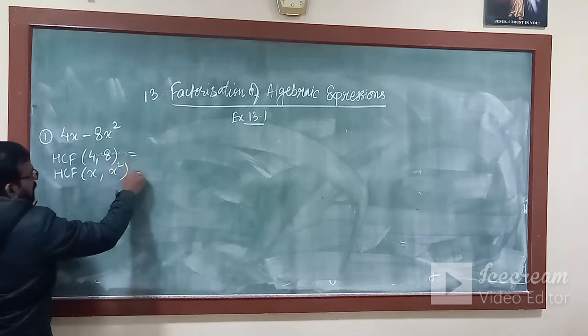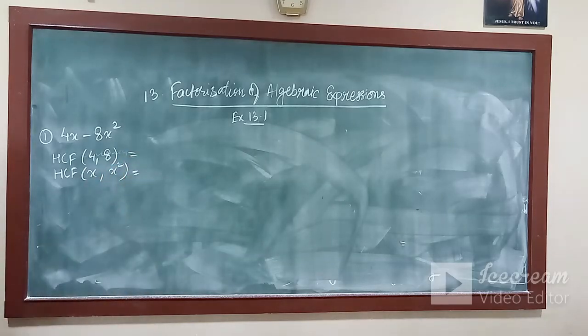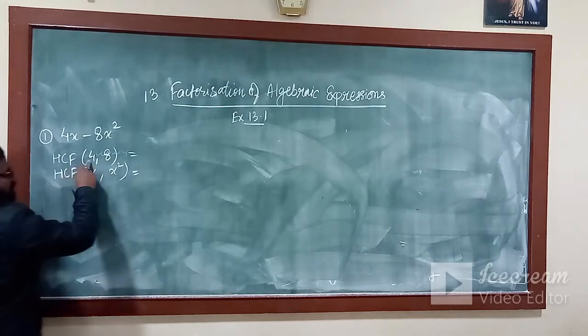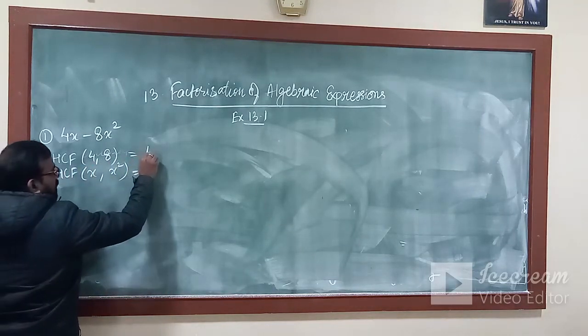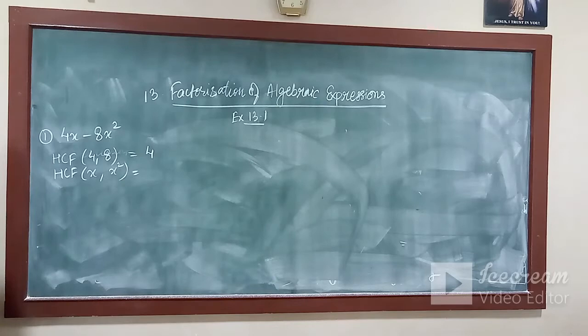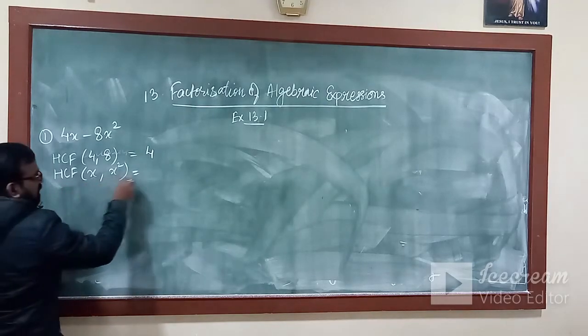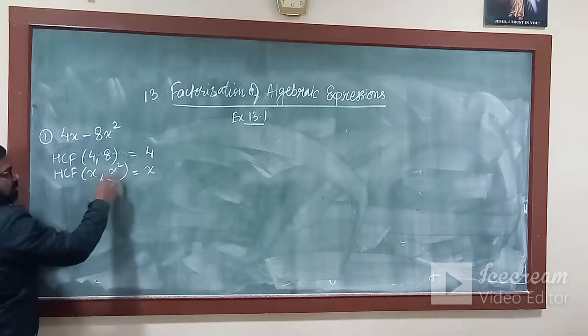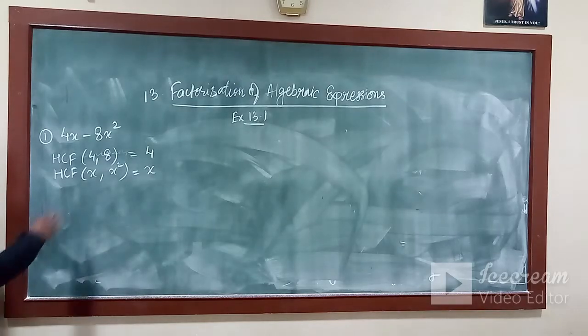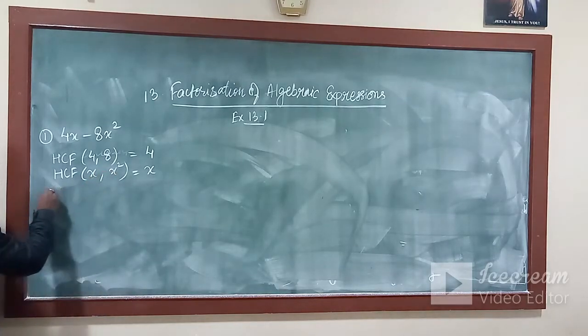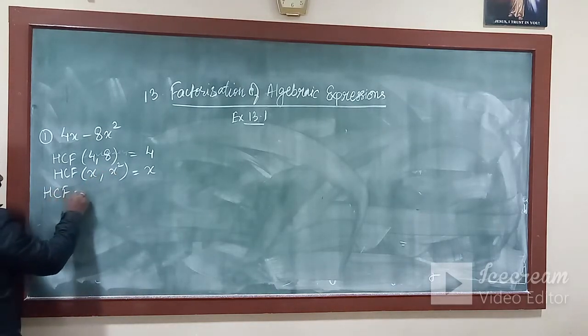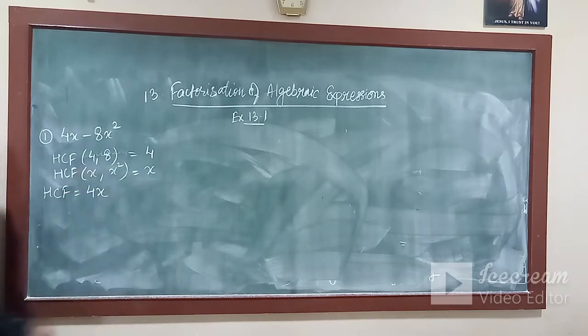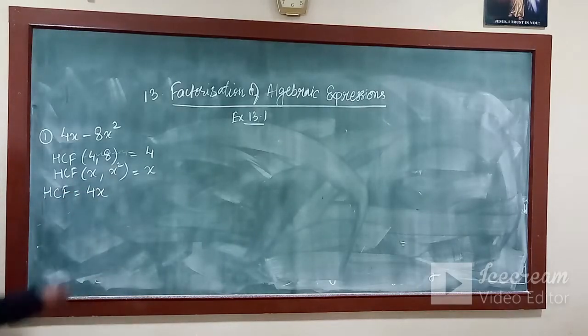We are not considering the negative sign now, we will consider it when we factorize. The HCF of 4 and 8 will definitely be 4. The HCF of x and x square is x, the least power among these two. So the HCF will be 4 into x.